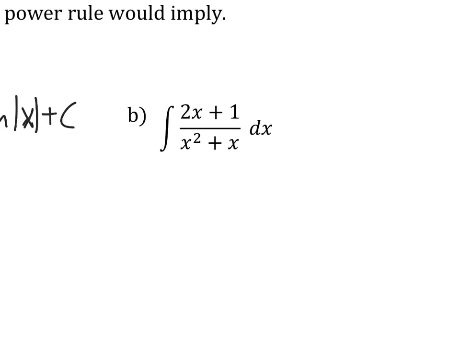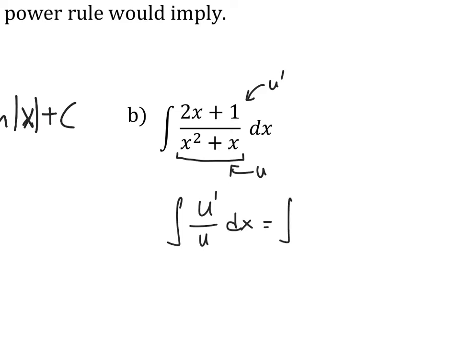Well, what if this is a function here? Well, we recognize that if this is our u, the derivative of x squared plus x is u prime. And so we recognize right away that this is in the form of u prime over u dx, or we could say this is in the form 1 over u du.